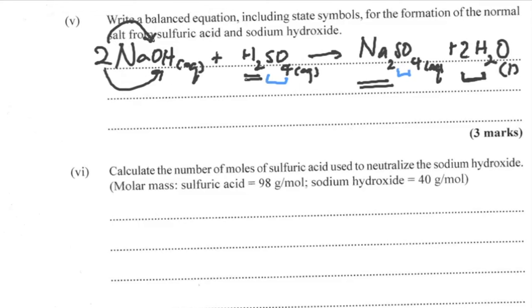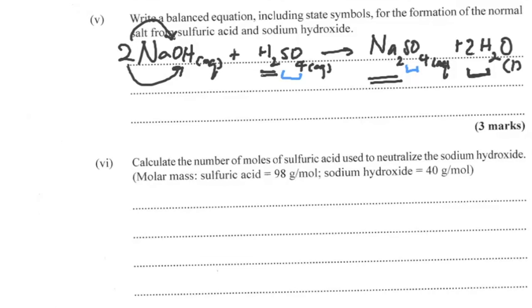We know from our calculations earlier that we used 25.05 cm cube of this very same sulfuric acid solution. So first things first, the mass concentration we were given is 4.9 grams per dm cube.